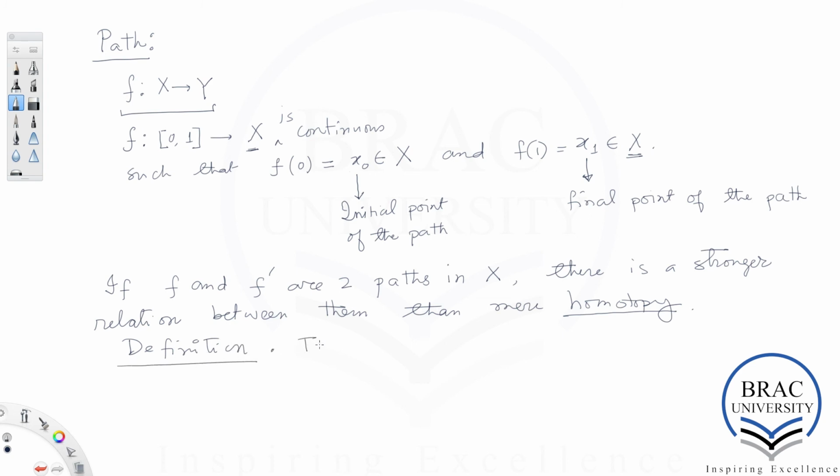Two paths f and f prime from the closed interval I to the topological space X are said to be path homotopic. This is the stronger relationship that we were referring to.